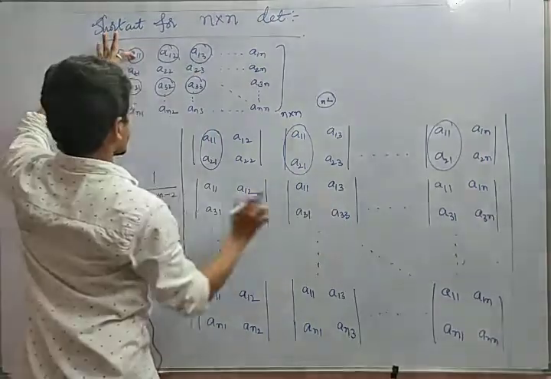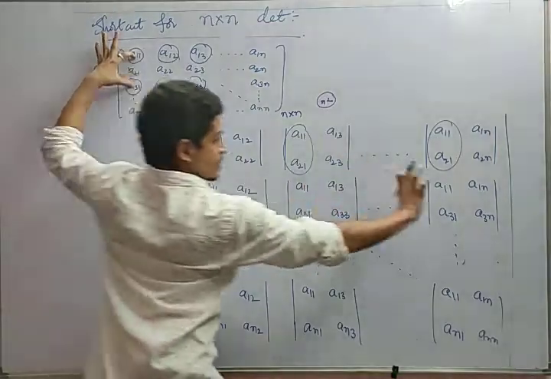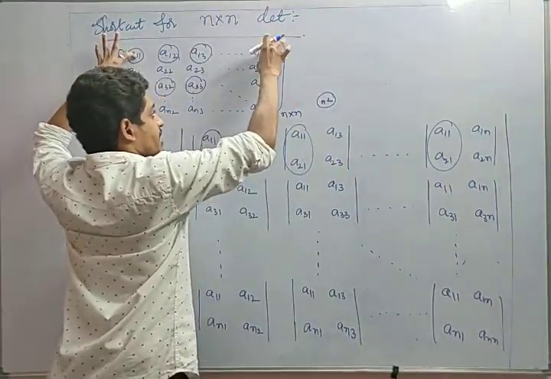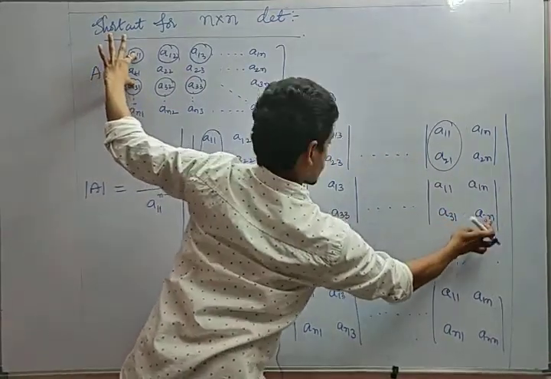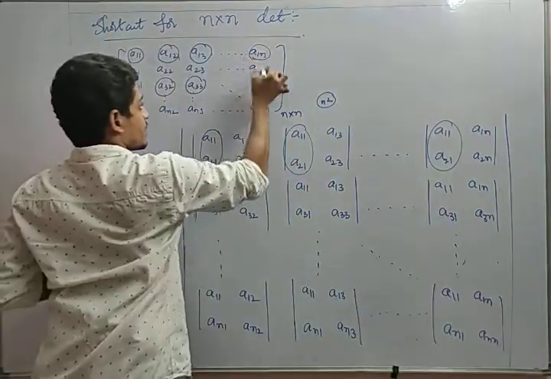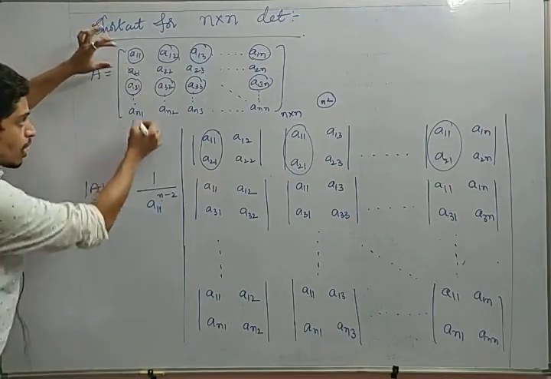Here, right? A11, A13, A31, A33. At the same time, by keeping this one as constant, go on like that until the final elements A1n, A2n. This is A3n, right? Correct. Okay, friends. Finally, these two, right? Go on like this.